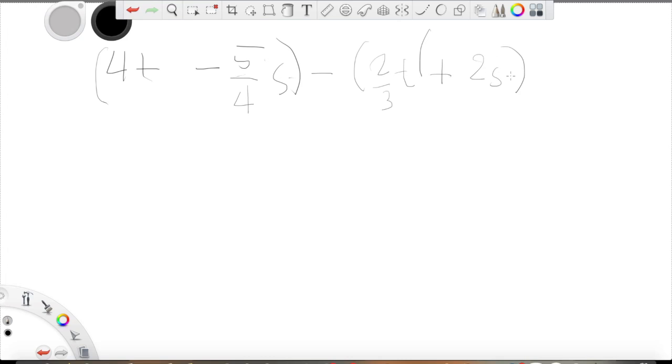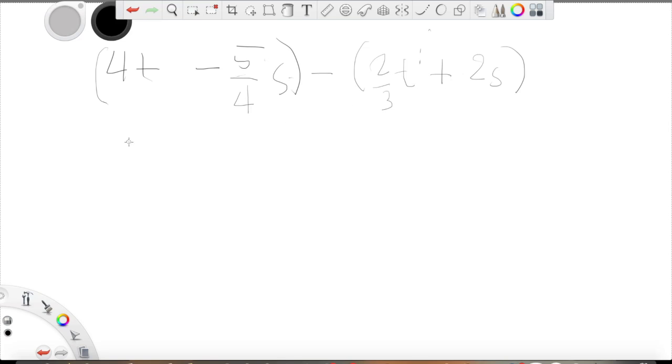Let me just remove the extra markings there. So 4t plus minus 5 over 4s minus 2 over 3t minus 2s.